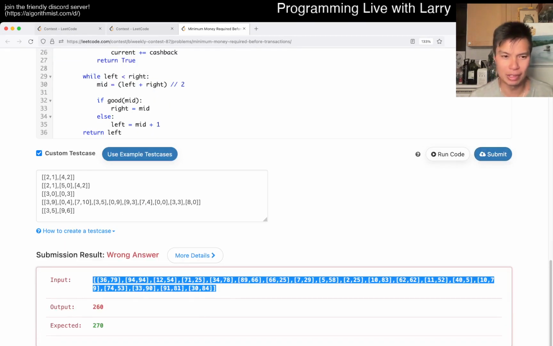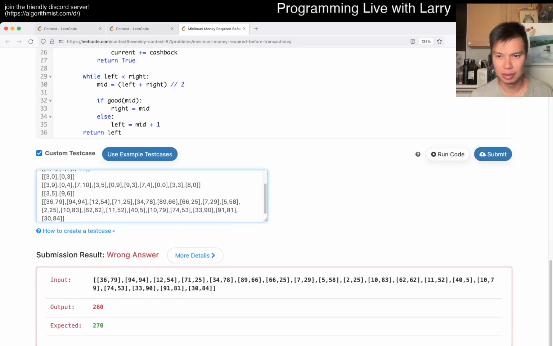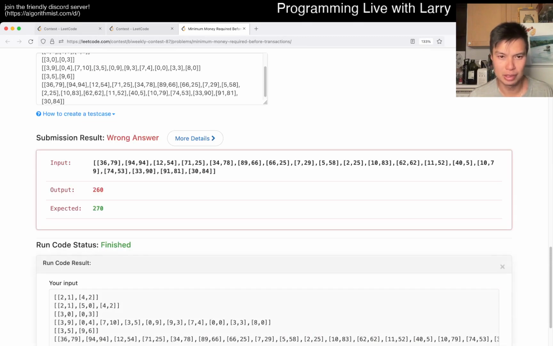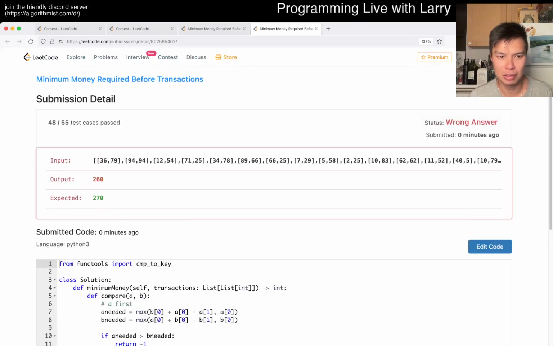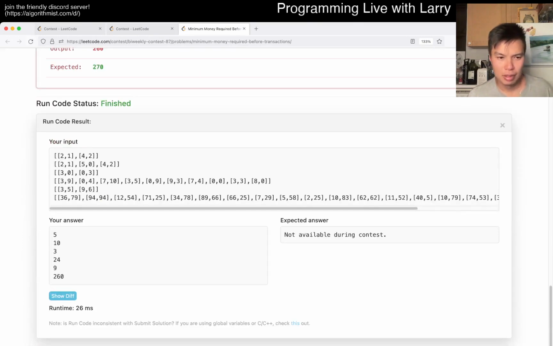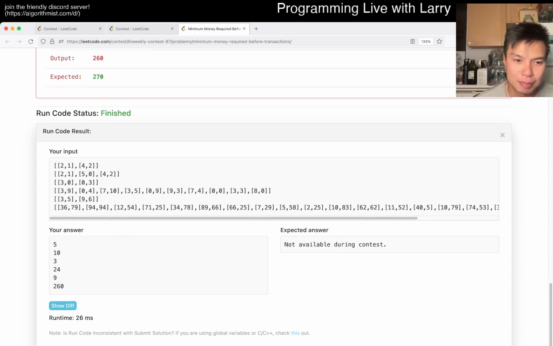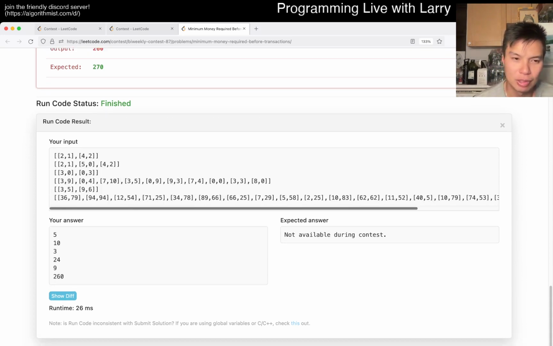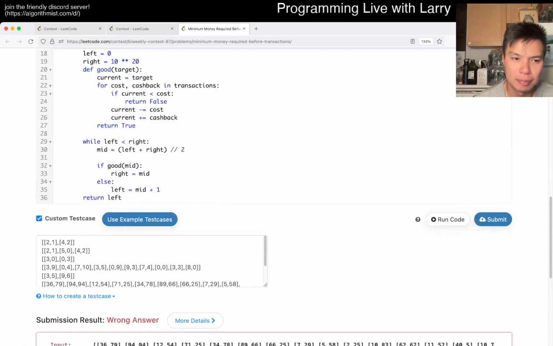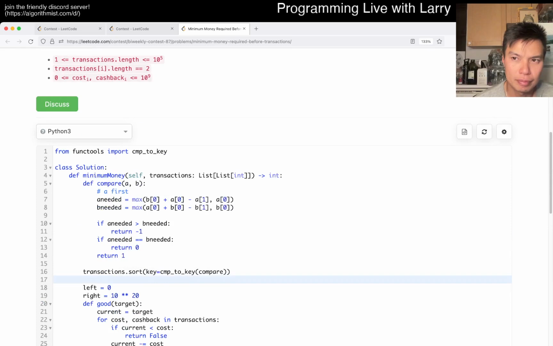A big wrong answer is pretty tough. Got a little bit closer though. Does it tell you how many? Okay. Huh. Wow, I don't know that I know how to do this one. Yikes. And you have all these cases where the cashback doesn't really matter, does it?